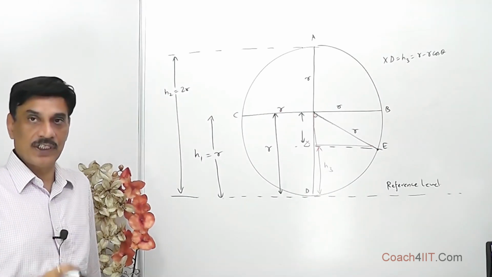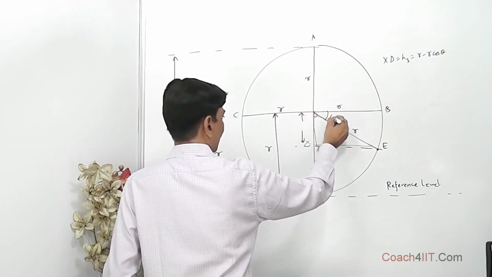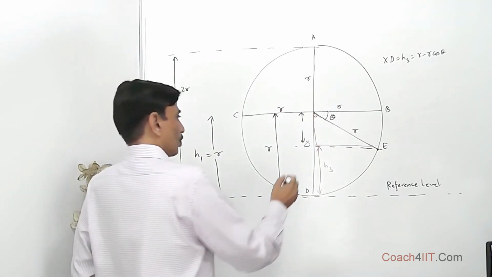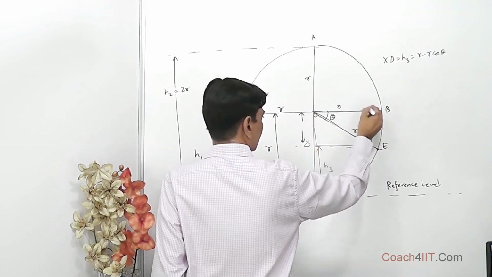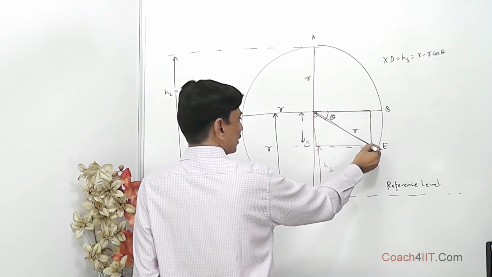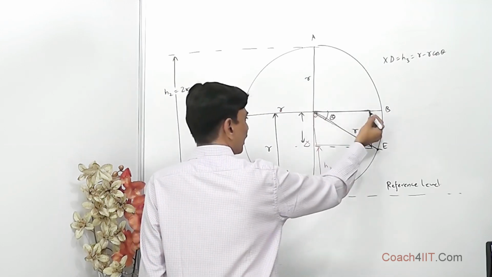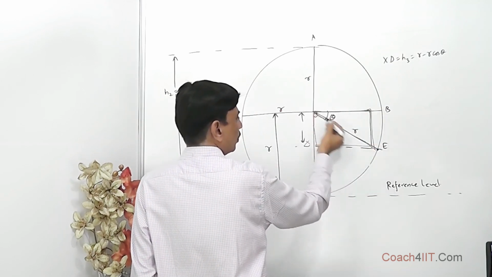If instead of theta being an angle with the vertical, it had been given with the horizontal, then things will change slightly. Over there we shall take this as a rectangle. From here to here is R, the total length of the string, which is the hypotenuse.